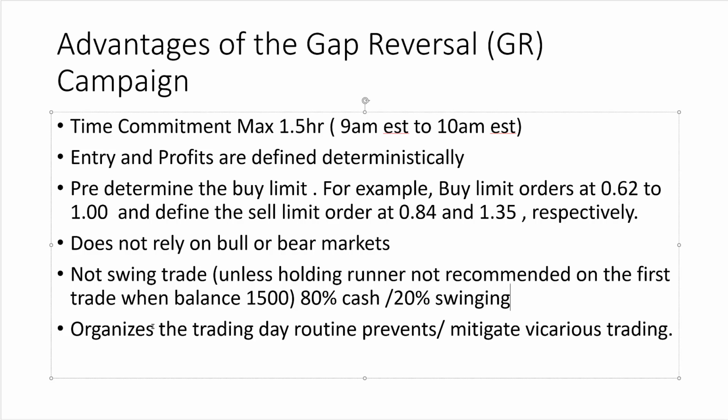Another advantage is that once you go through the routine with me, it creates an organizational blueprint, so that every morning when you wake up, you don't have to really listen to me anymore. You'll be able to go through that thought process that I've embedded into your mind.